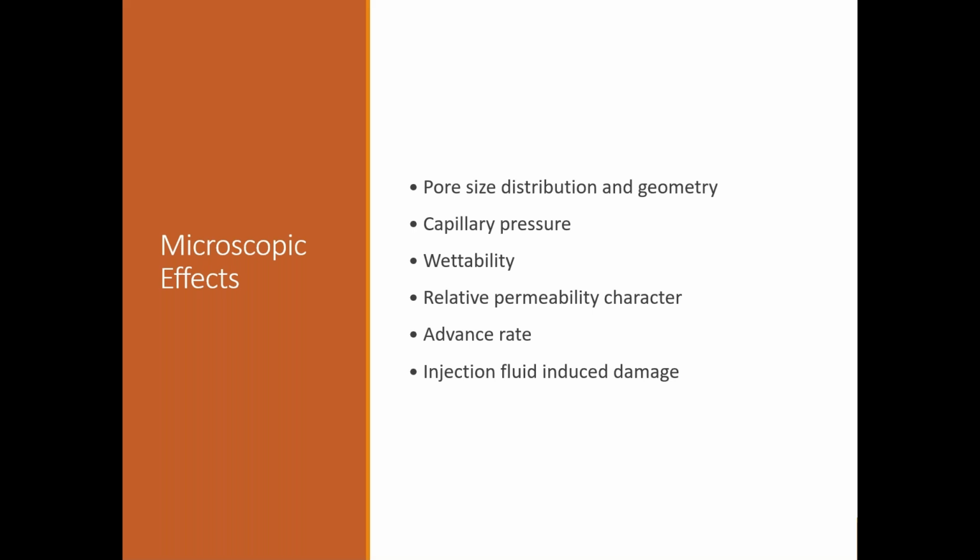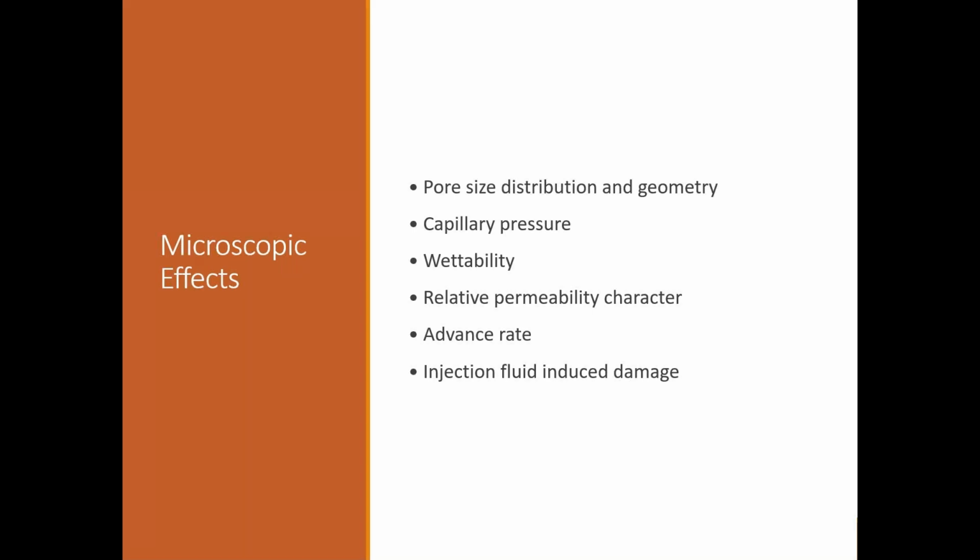In microscopic, you are dealing with the pore size distribution and geometry. I think many of you might know the geometry of the pore. There are various distribution patterns in which your porosity percentage increases or decreases depending upon the geometry of the pores basically. The capillary pressure is mainly dependent on the grain size.